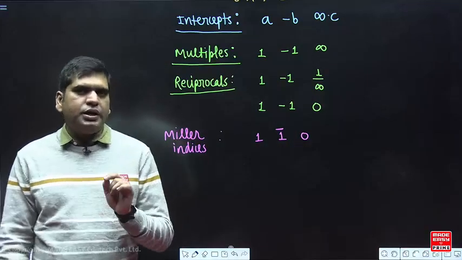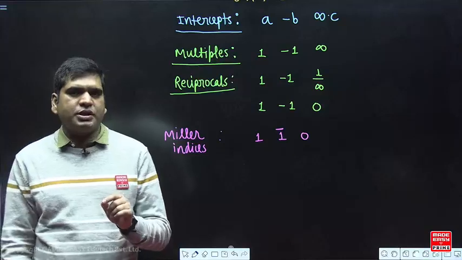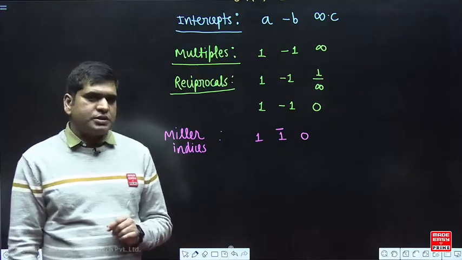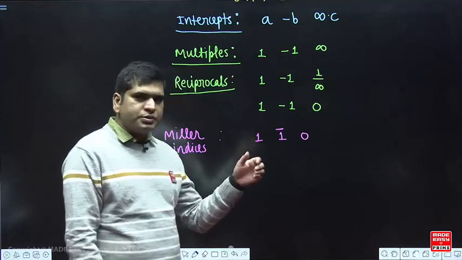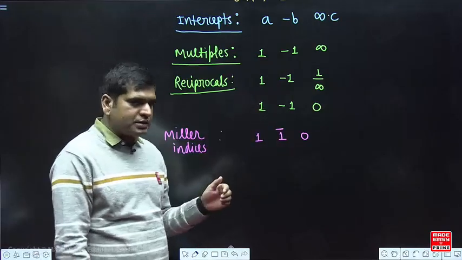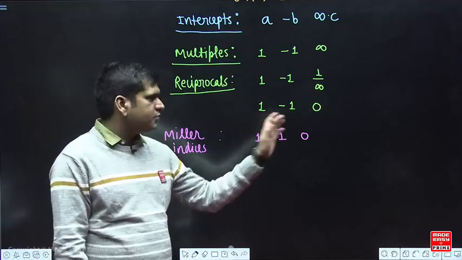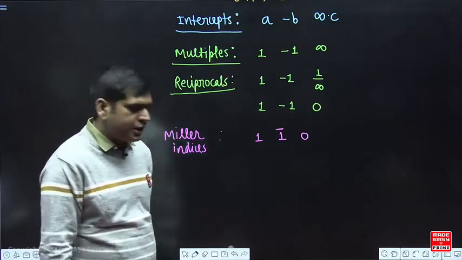A bar on any digit in a Miller index represents that the intercept is made along the negative axis. If the bar is on the first digit, it means it is along the negative x-axis. If it is on the second digit, then it is the negative y-axis. If it is on the third digit, then the negative z-axis.